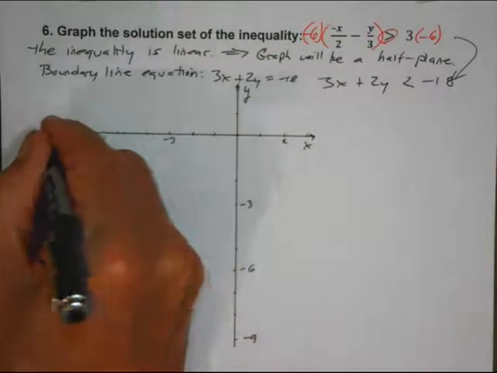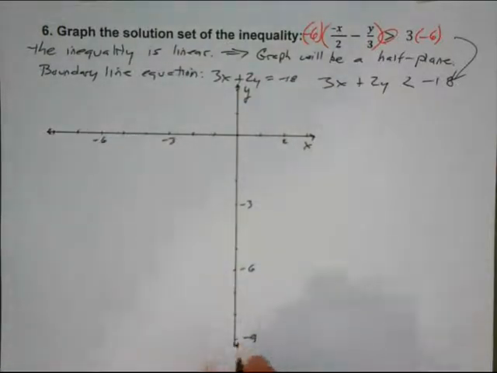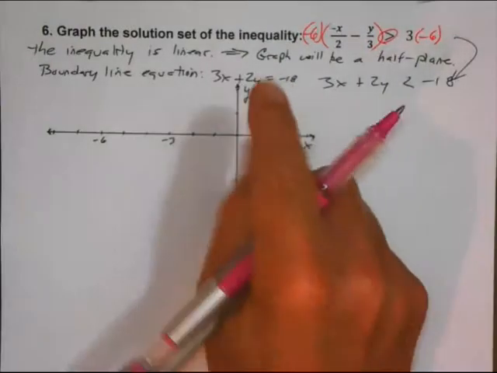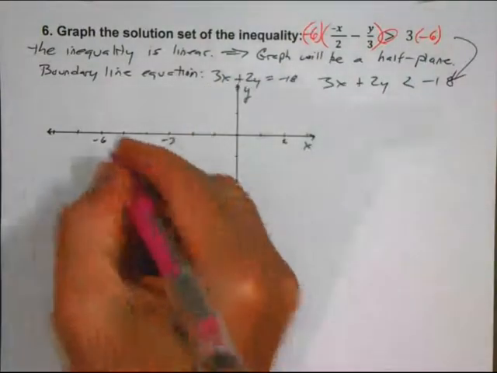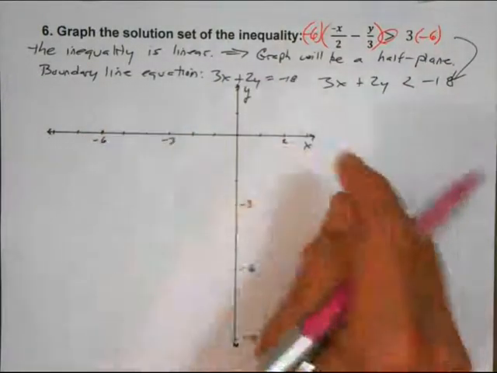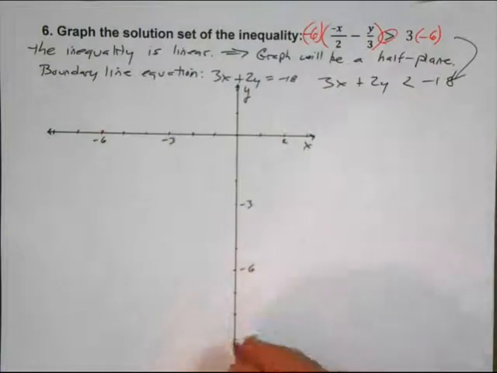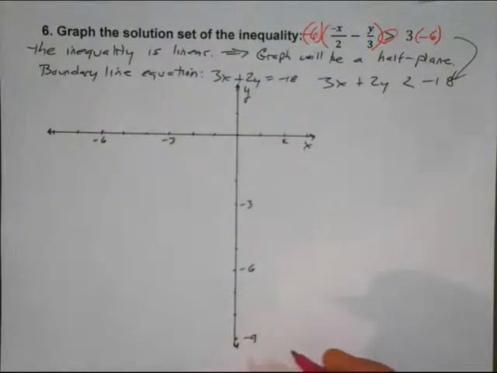Okay. Now, contrasting color for this boundary line. And as we had mentioned, when y is 0, x is -6. When x is 0, y is -9.